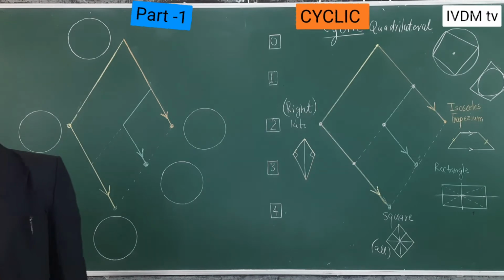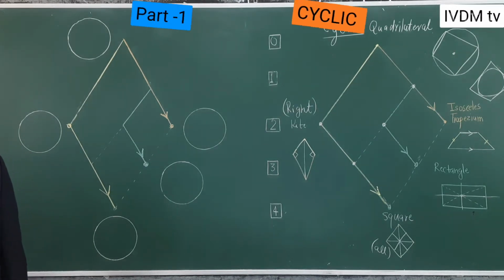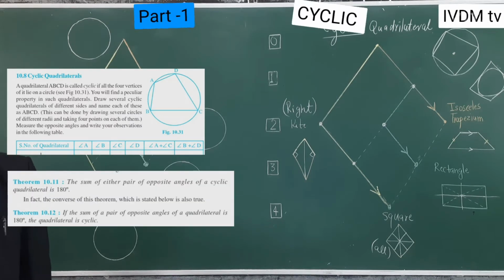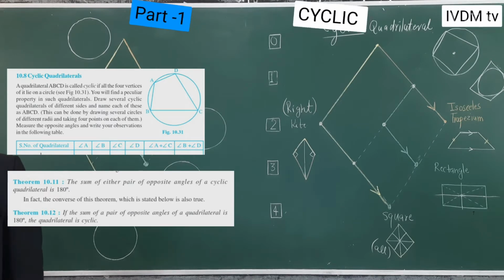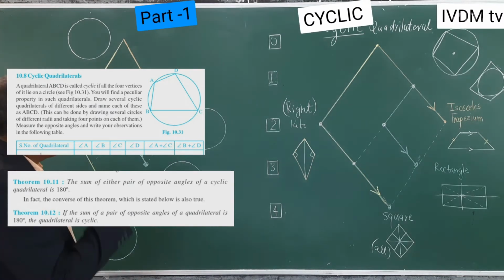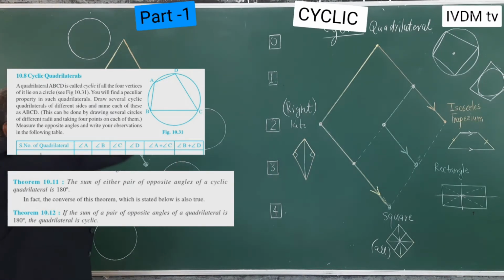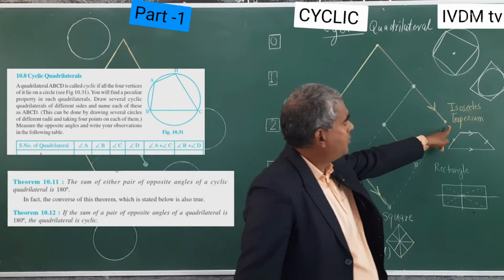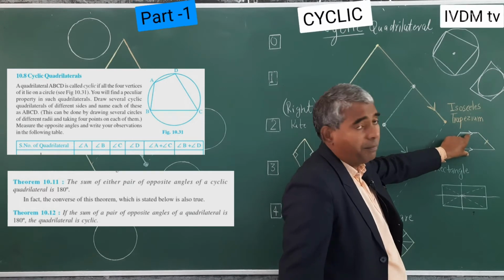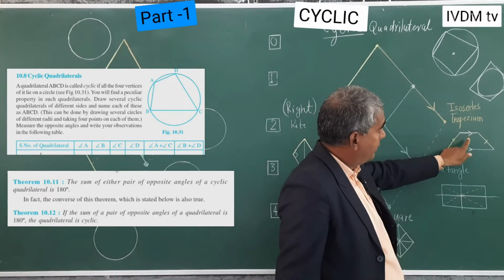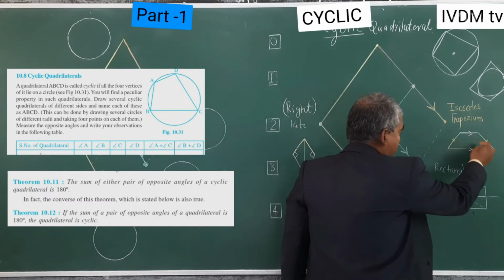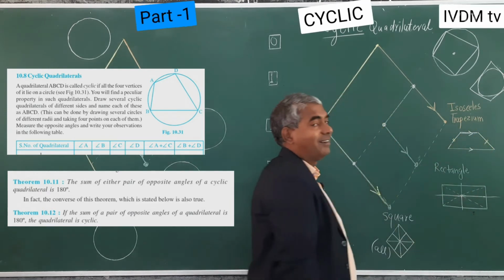It is given in your book, theorem 10.11: the sum of either pair of opposite angles of a cyclic quadrilateral is 180 degrees. Now, in the isosceles trapezium, one pair of sides is parallel but not equal, and the other pair is equal but not parallel.